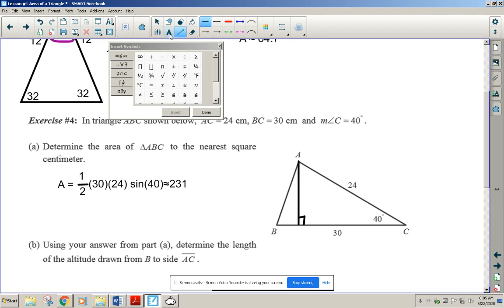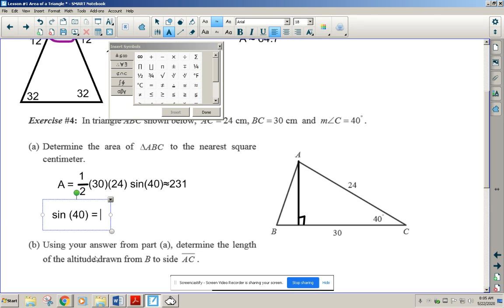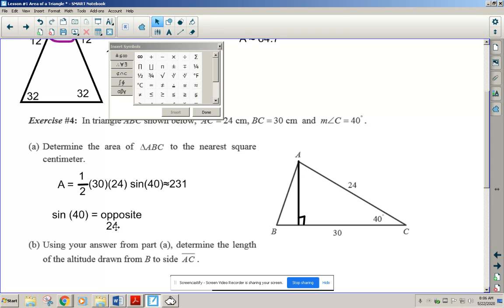So if I do that, the sine of 40 is equal to the altitude, the opposite side, over the hypotenuse, which is 24. So if this were written in an up and down fraction, actually let's do that, so then this way nobody gets confused. I'll put the 24 under here, and I will draw a little line.